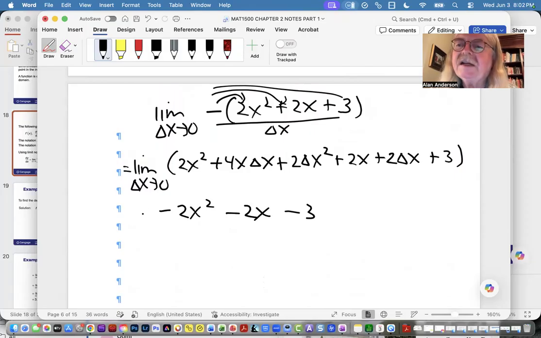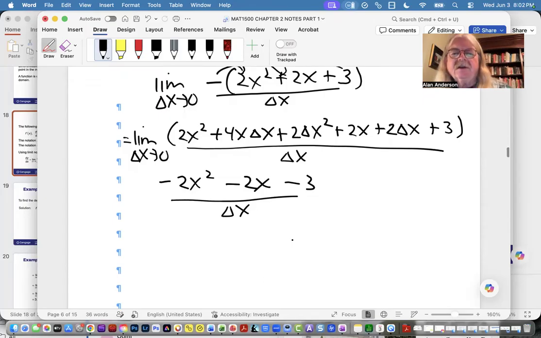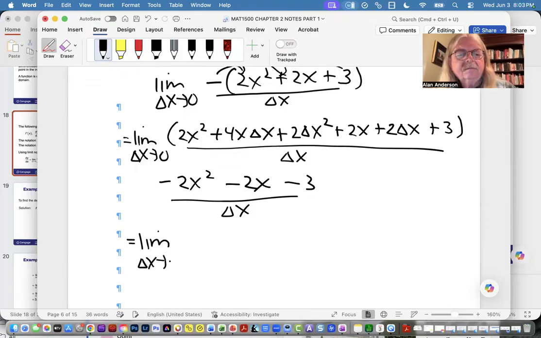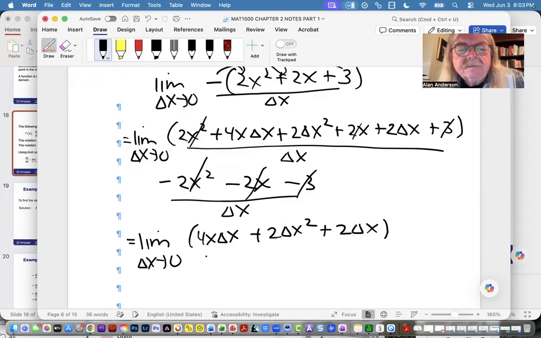And then we have to divide everything by delta x. Now, fortunately, there should be a lot of cancellations. And they would be here and here, here and here, and then here and here. So we're left with 4x delta x plus 2 delta x squared plus 2 delta x.